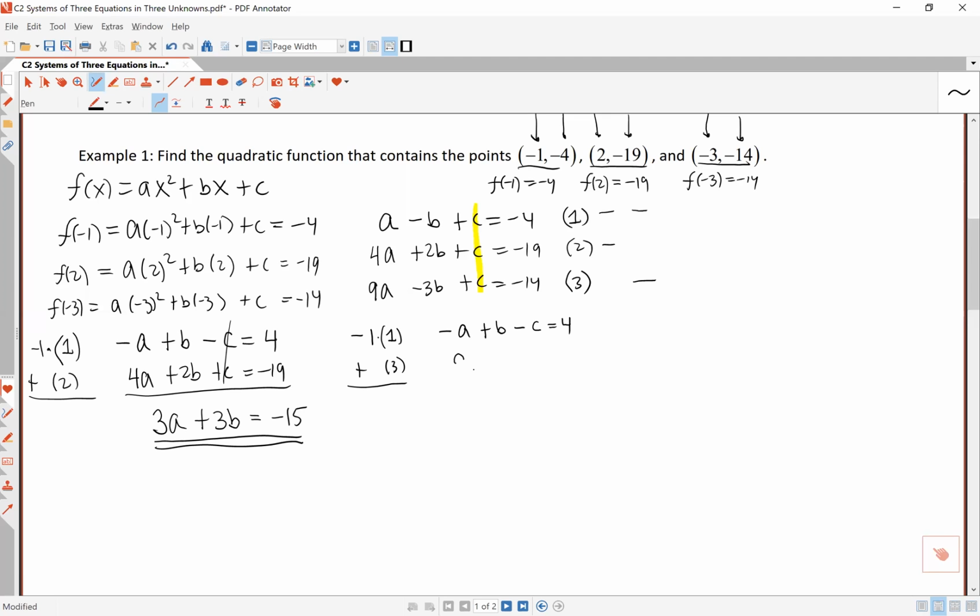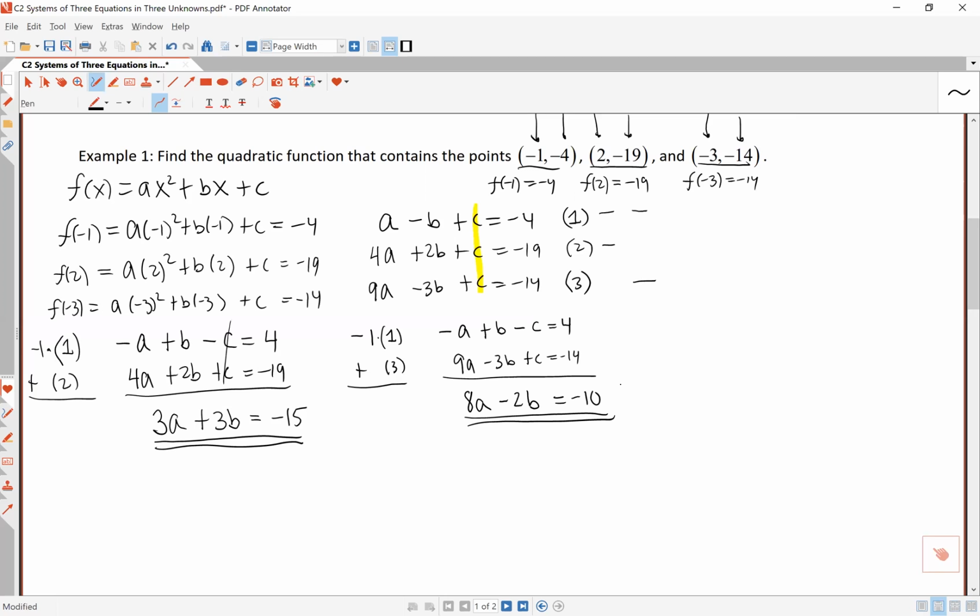Equation 3 remained the same. And when I add those two equations together, I get 8a. B minus 3b is negative 2b. And negative c plus c is 0. 4 minus 14 is negative 10. That's my new equation.